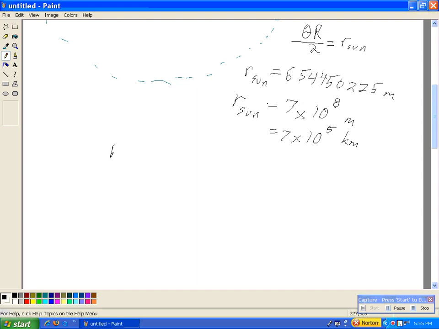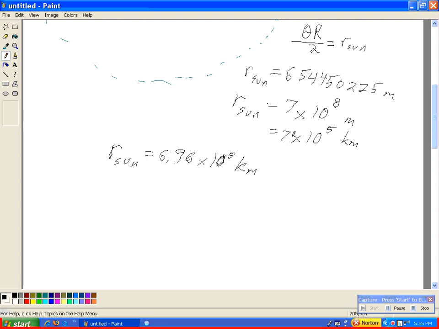They say that the actual radius of the Sun is 6.96 times 10 to the 5 kilometers. So we actually were pretty spot on.